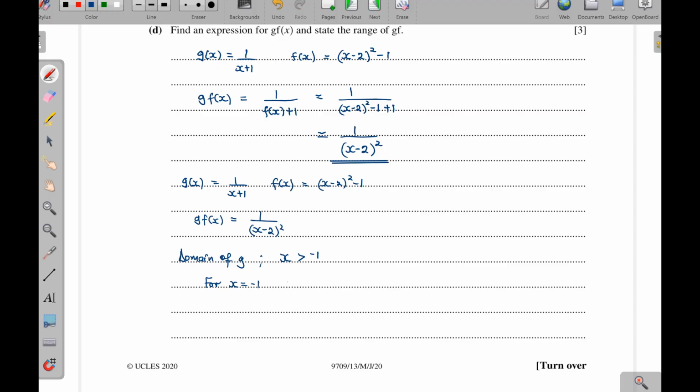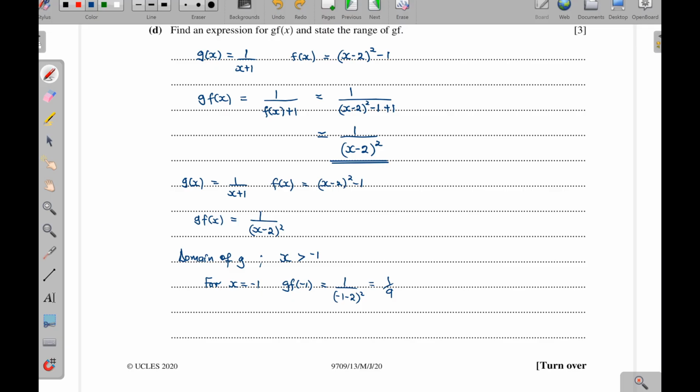Okay, our gf of negative 1 will be 1 over negative 1 minus 2 squared. This one will be 1 over 9. Okay, now any value that we are getting here greater than negative 1, we can put 0. So when you put 0 here, you get 1 over 4, not so?